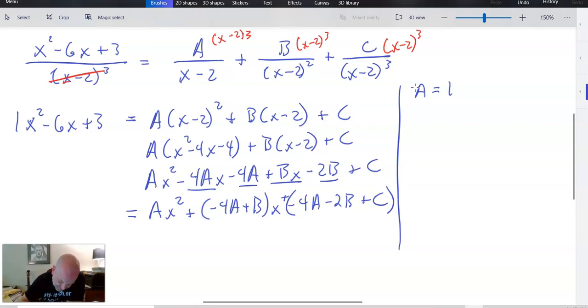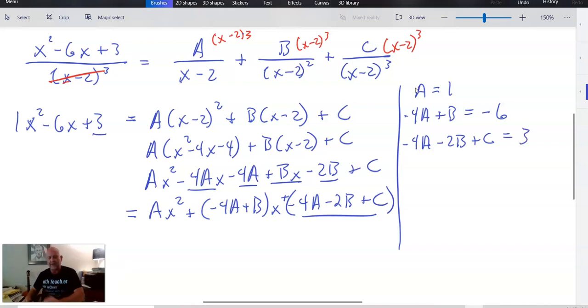And then we get negative 4a plus b is equal to negative 6. And then we get negative 4a minus 2b plus c is equal to the last coefficient, which is 3.